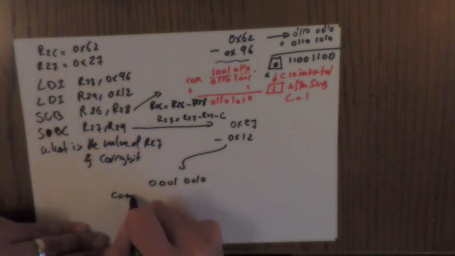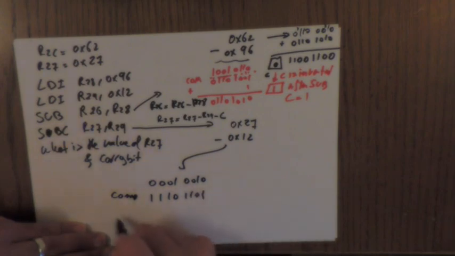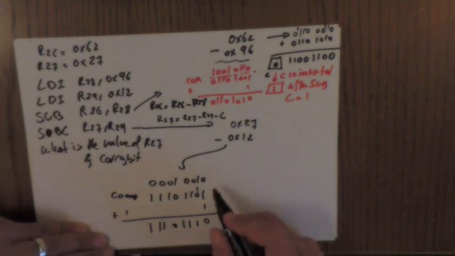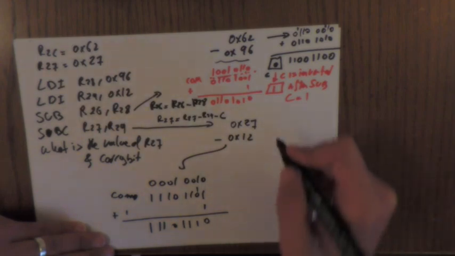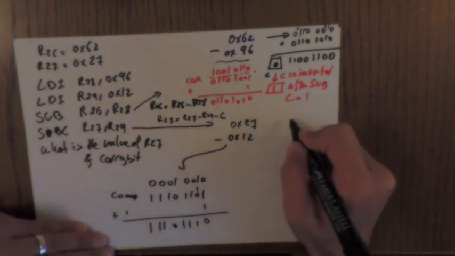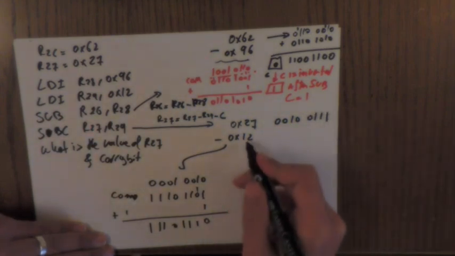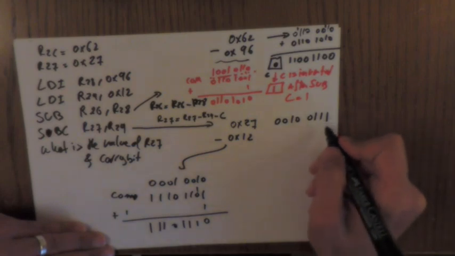The complement will be 1110, 1101, add 1. So the result of minus 0x12 is as follows. Let's write 0x27 and then the 0x12, which is the 2's complement of it.